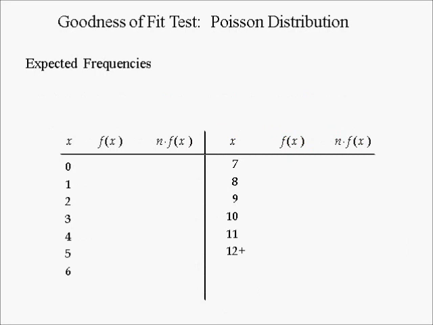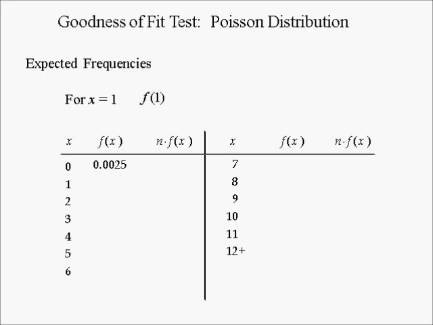Now we need to compute the expected frequencies. First, we have to compute the probabilities for every value of X. So for X equals 0, we plug in 0 for X. 6 to the 0 is 1. 0 factorial is 1. So f of 0 is just e to the minus 6, which is approximately 0.0025.